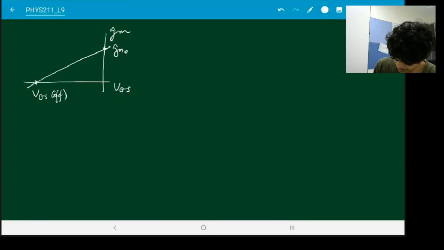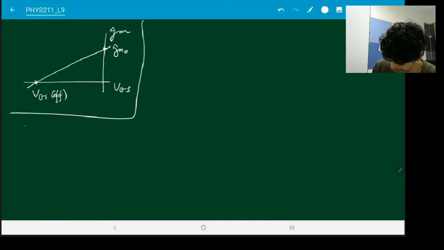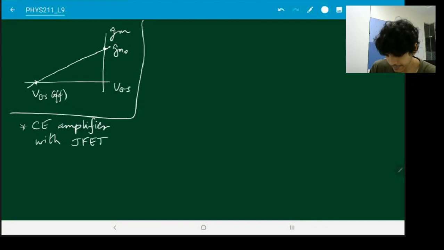So for example, suppose you want to construct now a CE amplifier, but now with a JFET, not with a bipolar junction transistor. So do you remember what kind of circuit we had for the CE amplifier? We'll basically draw the same thing except with a JFET.